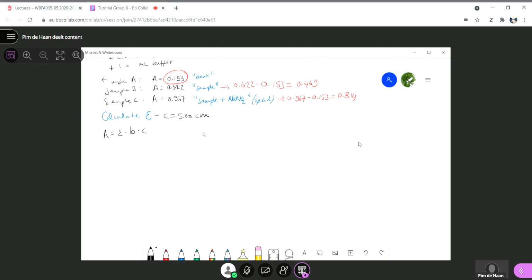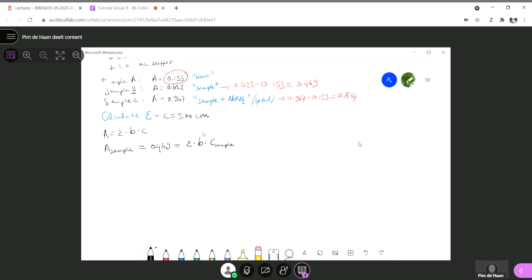So it's a very long cuvette. Okay, so A sample, that's sample B in this one, right? A sample equals 0.469, and that is epsilon times b times c sample, the concentration of the sample.